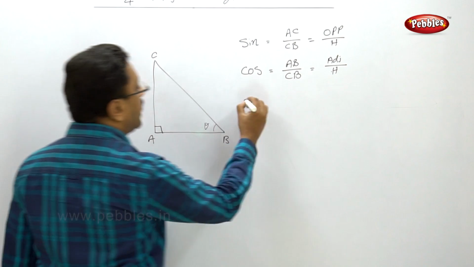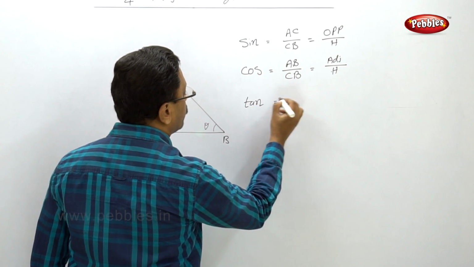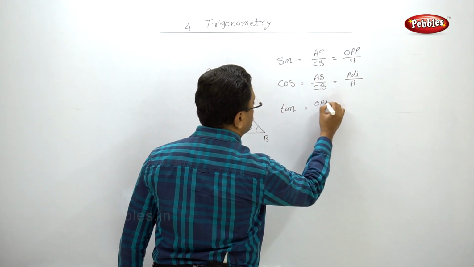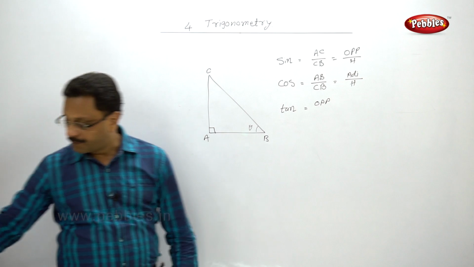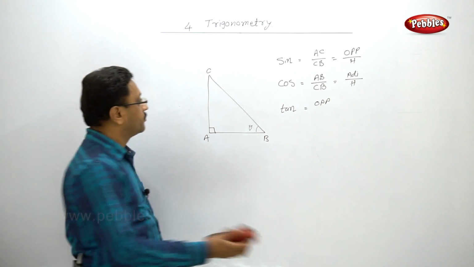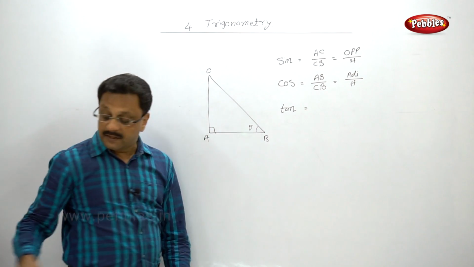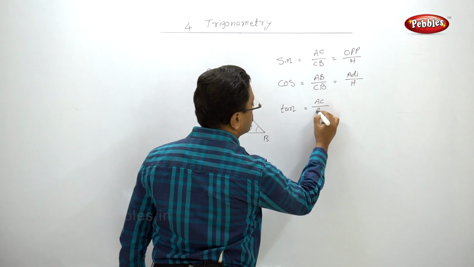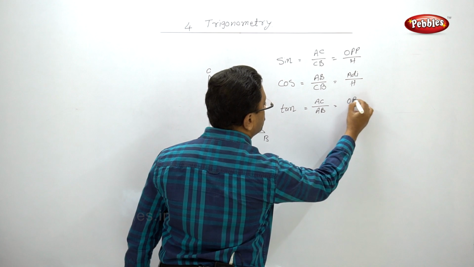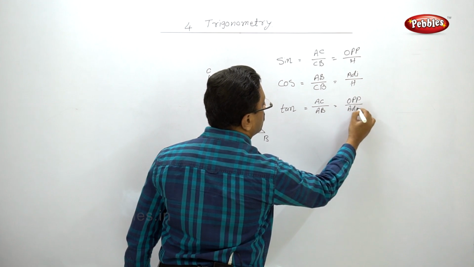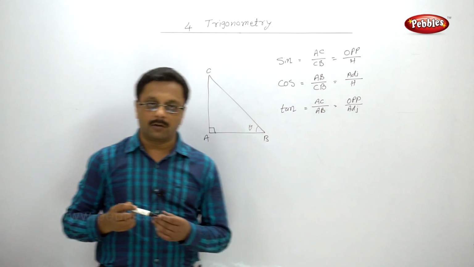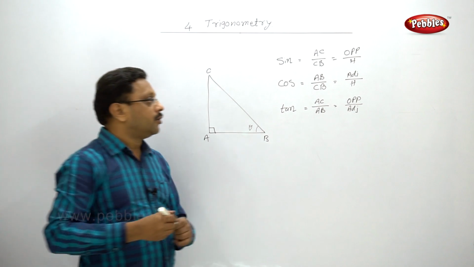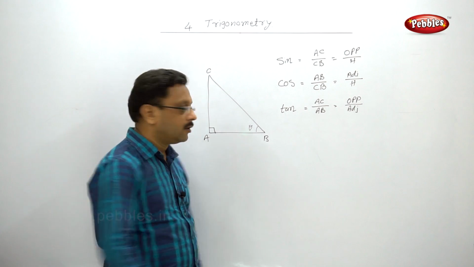And what is tan? Tan is opposite side upon adjacent side, that is AC upon AB. That's all. You have to remember only this, because after that you have cosec.